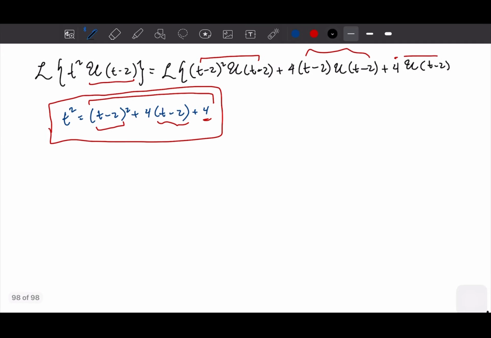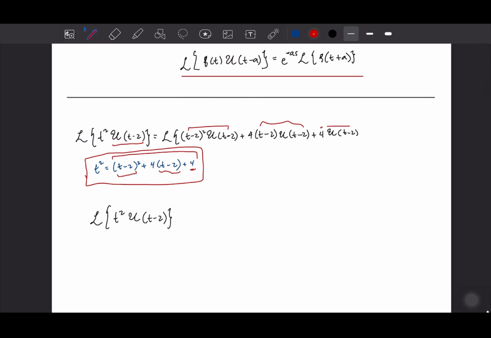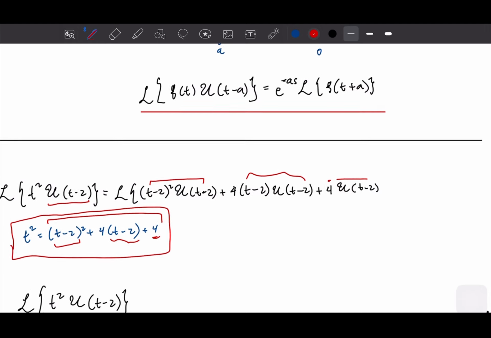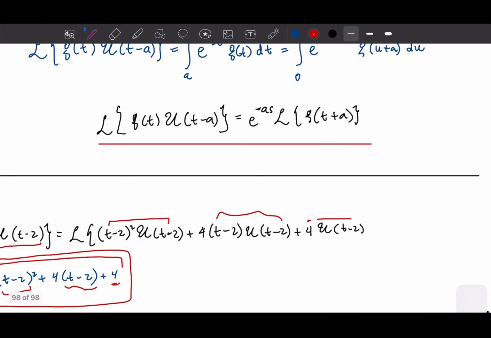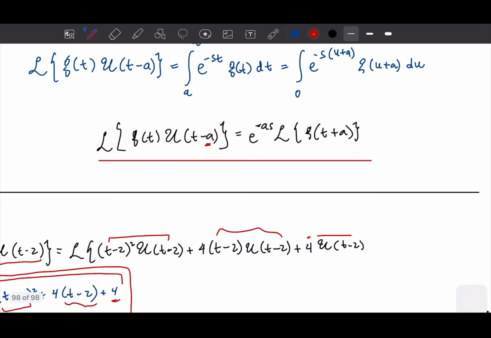Let me write once more. If we take the alternative form, t squared Heaviside t minus 2. Now we identified, so first is this A. Okay, we can identify it as this A, right?